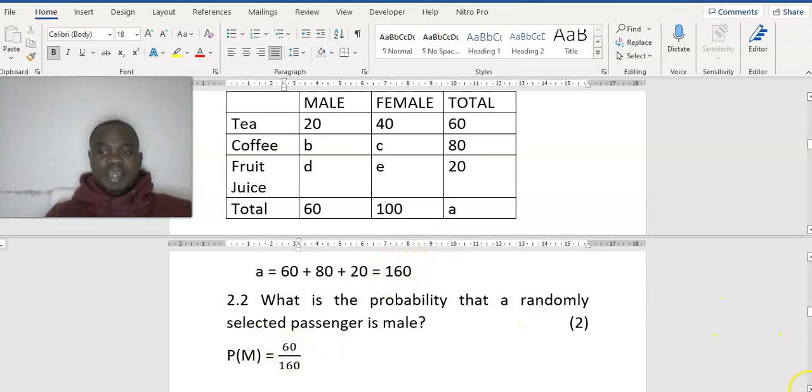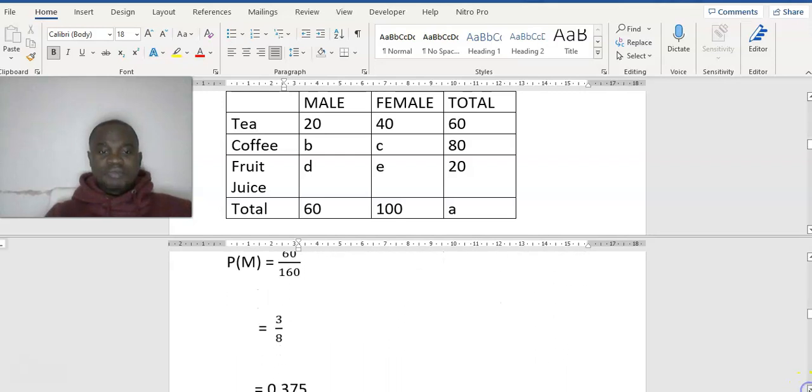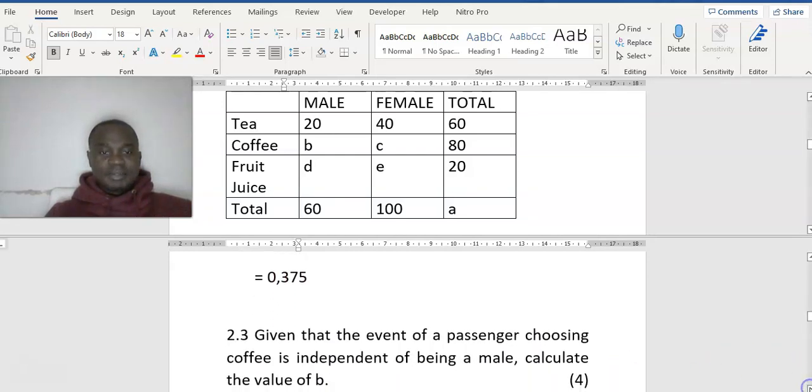We can simplify it, and it gives us 3 over 8, which is the same as 0.375 if you write it as a decimal.